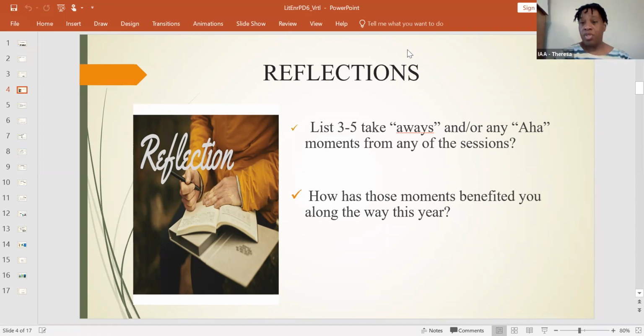Were you able to use those moments to reflect on yourself and see where you are in the process? I'm going to give you some time to do that. I'm going to keep my mouth closed and let you reflect, and then we'll come back and share.